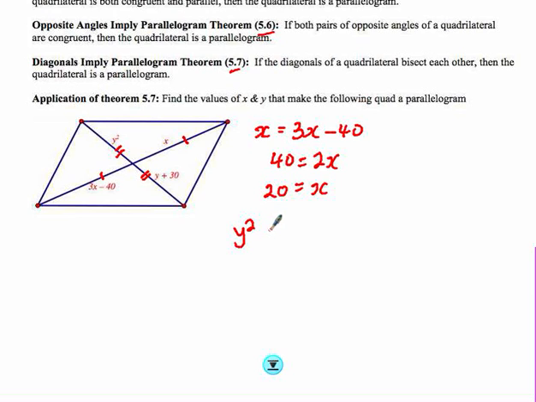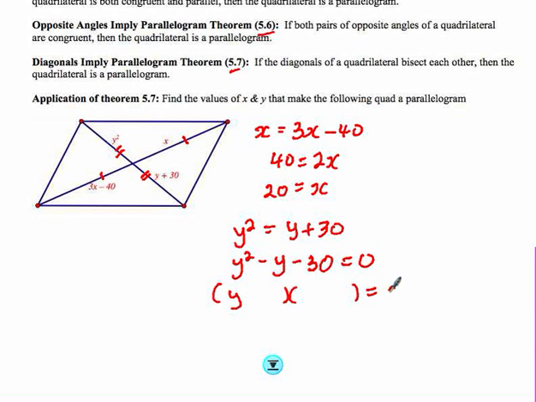This time, however, we have a quadratic equation: y squared is equal to y plus 30. This can be easily solved by factoring, so I'm going to begin by rearranging the equation, equating to 0, and then factoring the trinomial. The factors of 30 that differ by 1 are 6 and 5, giving minus 6 plus 5. That allows us to conclude that y is equal to minus 5 or y is equal to 6.